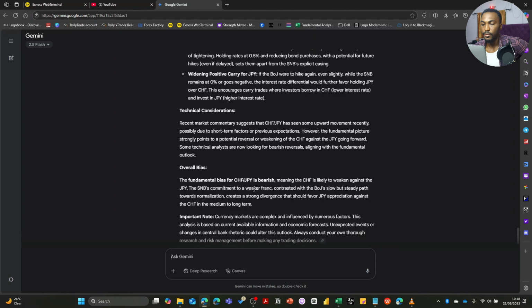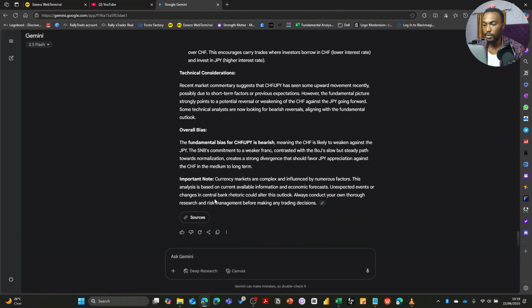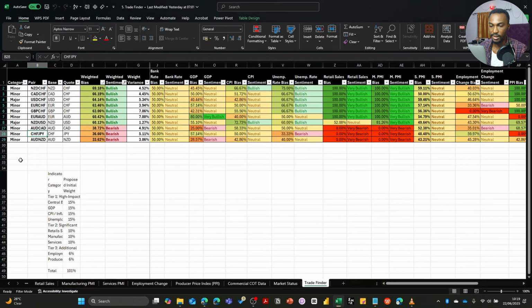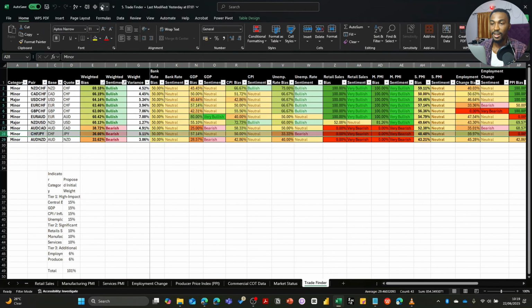Commitments to a weaker franc contrasted with the BOJ's slow but steady path towards normalization creates a strong divergence that should favor JPY appreciation against the Swiss franc in the medium to long term. Okay, so basically what we're seeing here is you should be buying the Japanese yen, and that is exactly what my calculator is also saying right here.